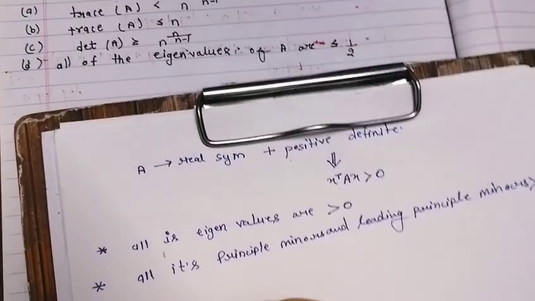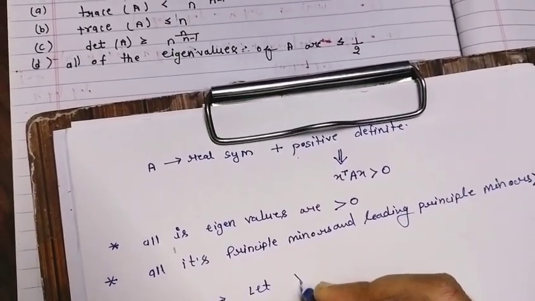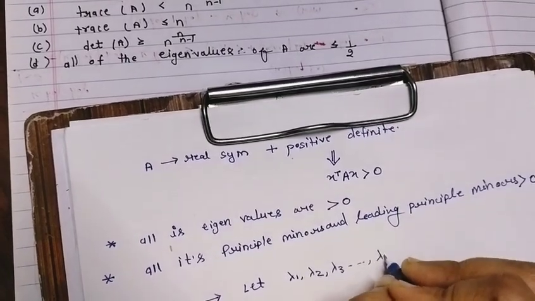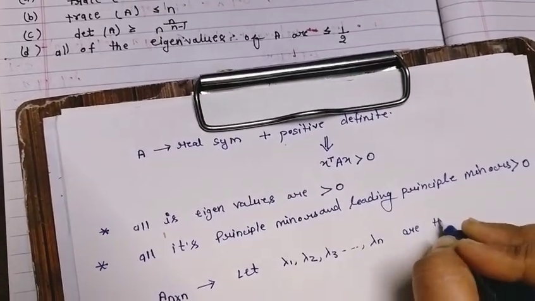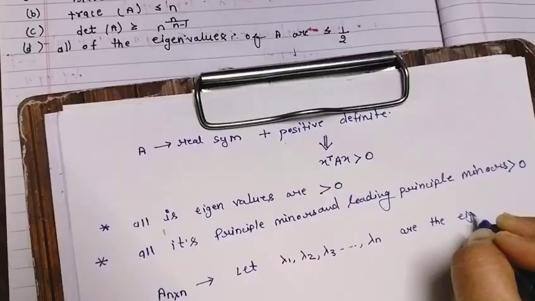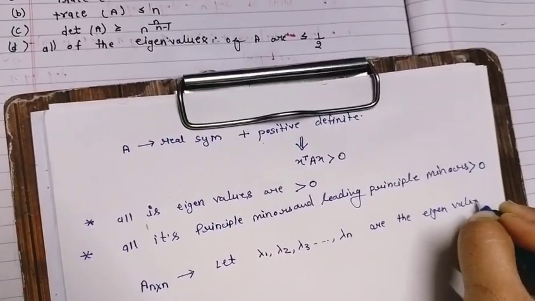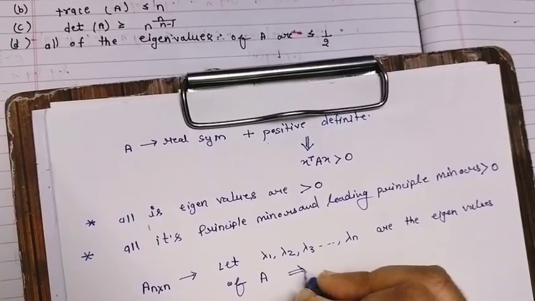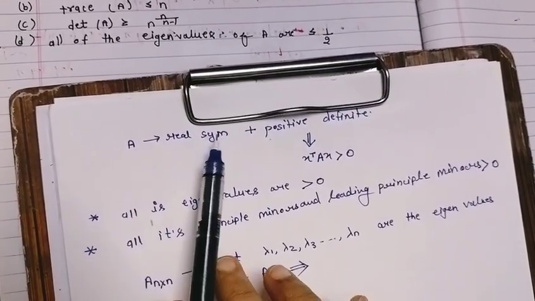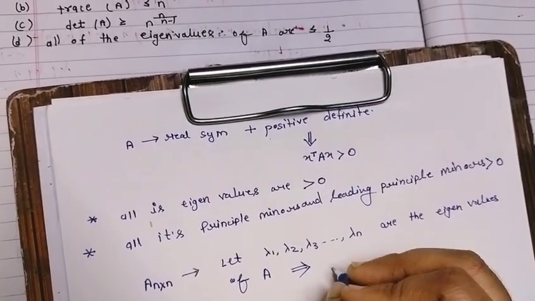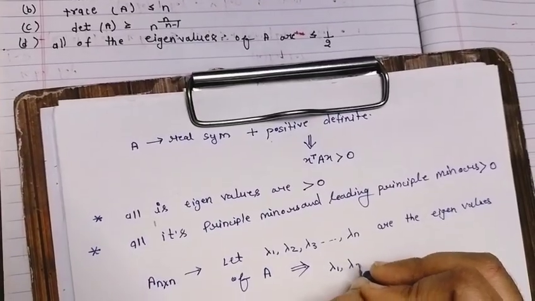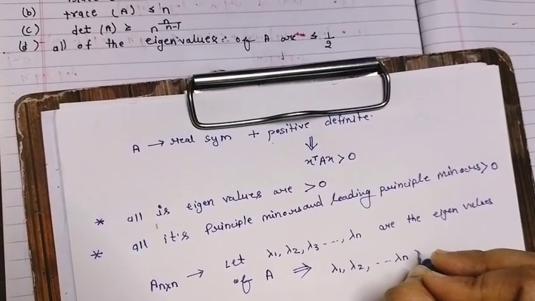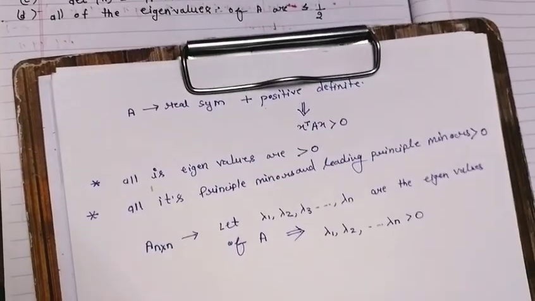Let lambda 1, lambda 2, lambda 3 up to lambda n be the eigenvalues of A. It implies that since A is real symmetric and positive definite, all lambda i's are strictly greater than 0.